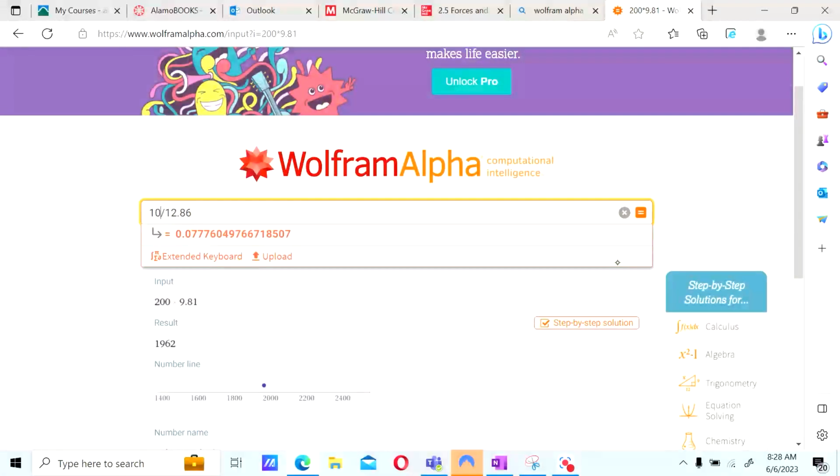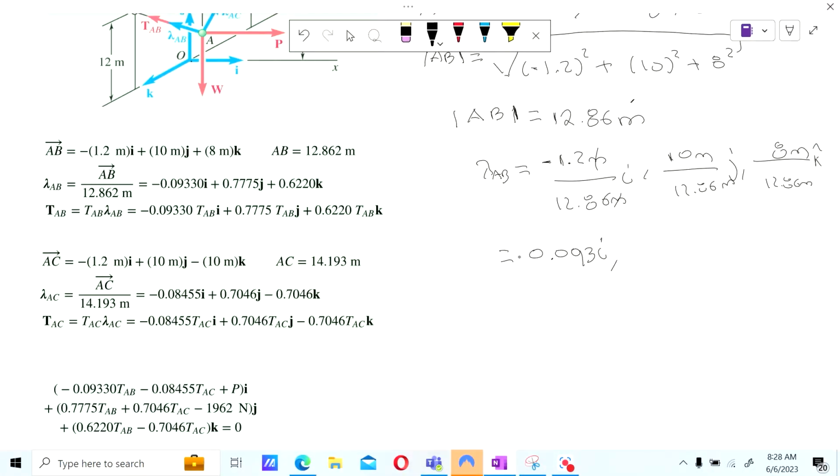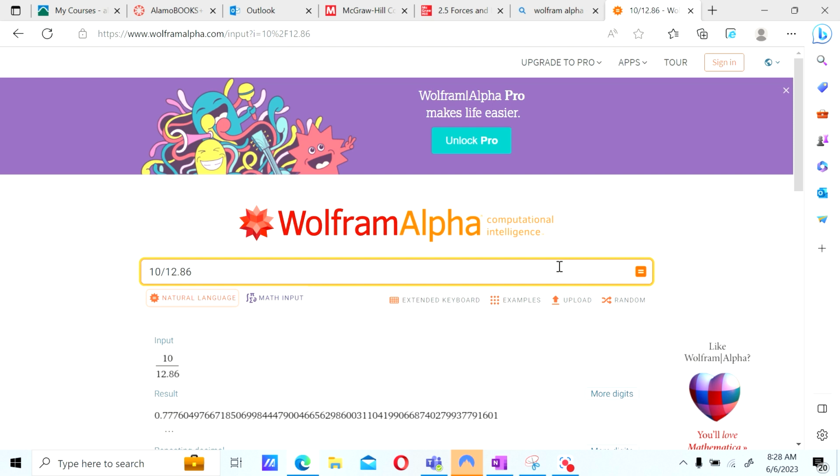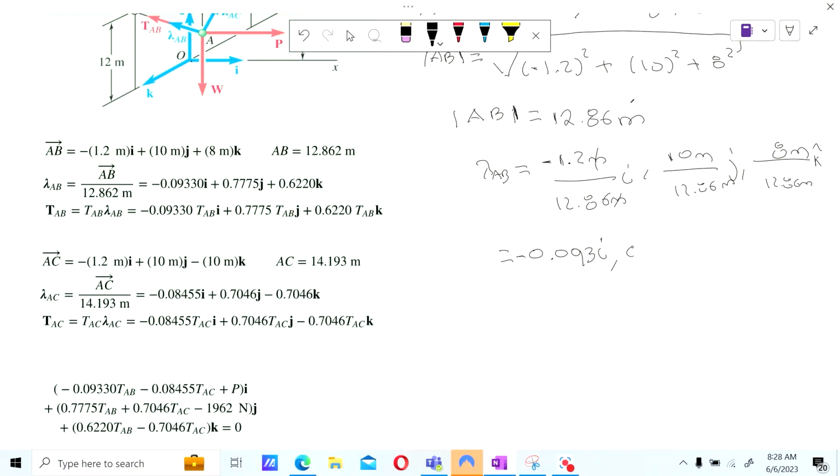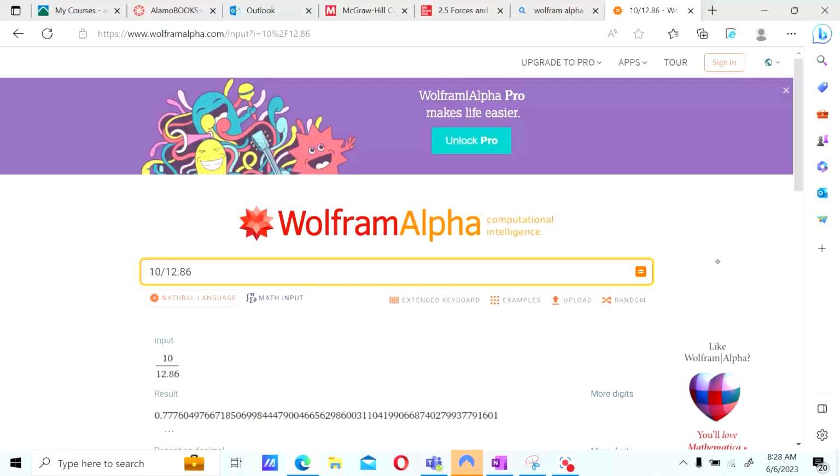It always has to be less than 1. And don't forget your minus. We always forget the minus. 0.77 J and 0.62 K.